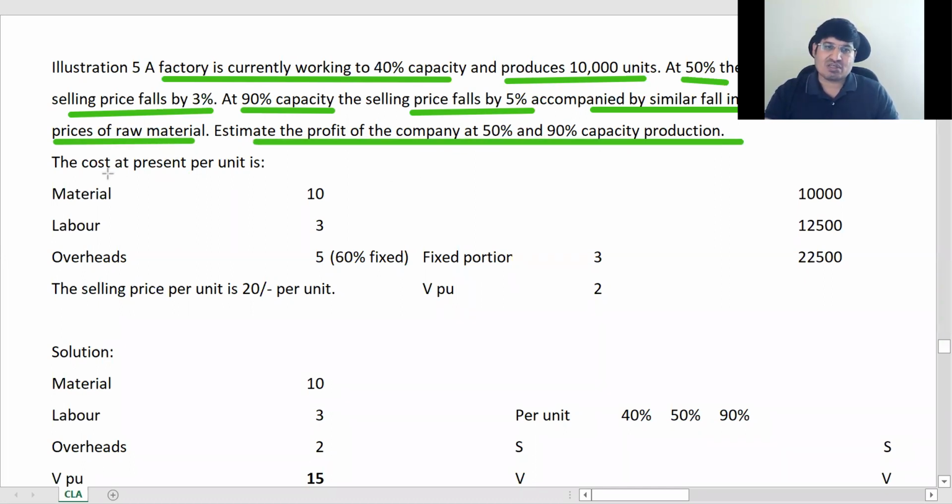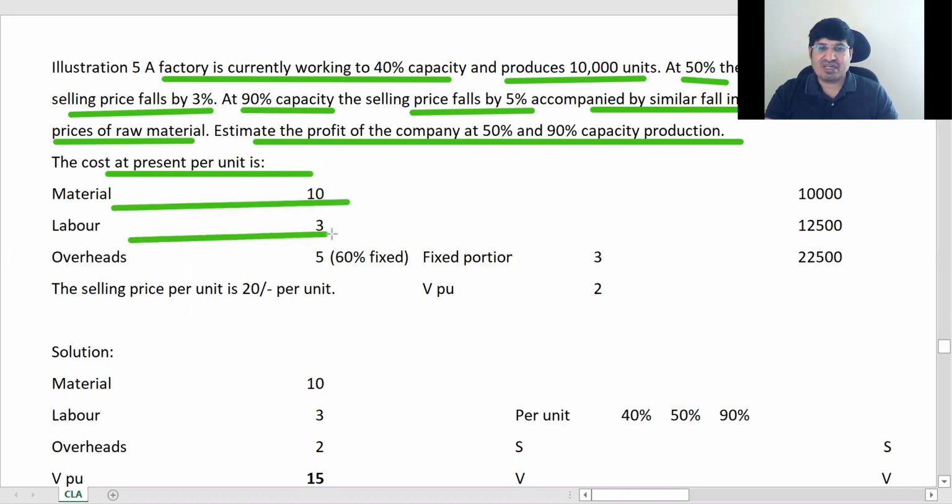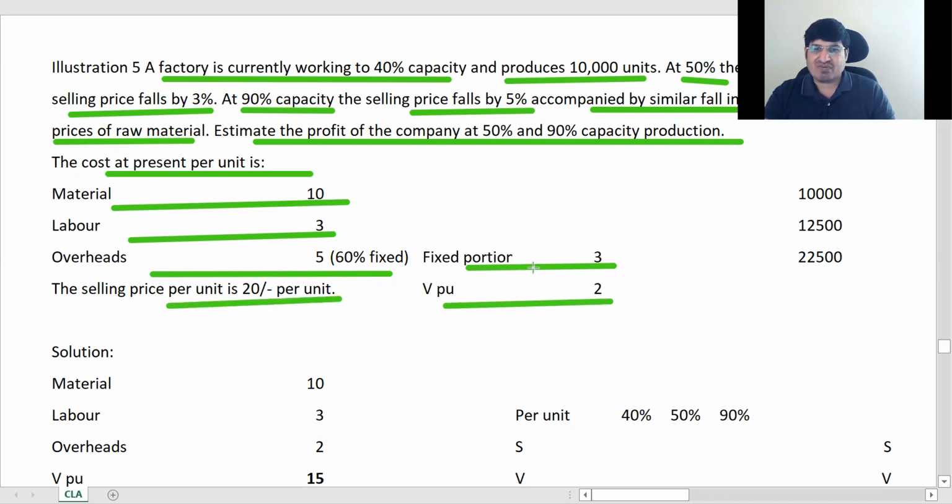Okay, and the cost at present per unit is material, labor, and overheads they have given. Overheads is 60% fixed. So 60% fixed means I have just done 5 into 60%, and I've got the fixed portion 3. And the balance 2 is variable for overheads. And selling price per unit is given as 20 per unit. So here, the fixed overhead is coming as 3.